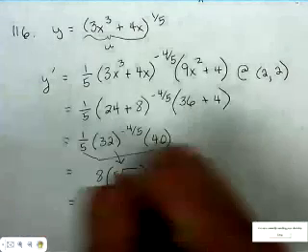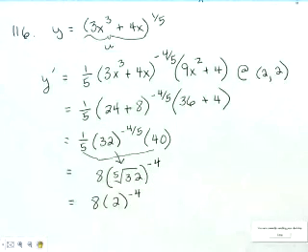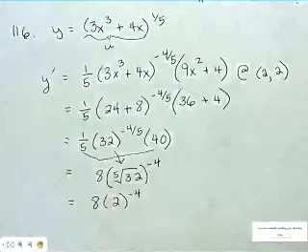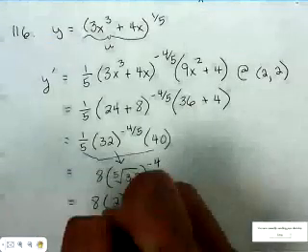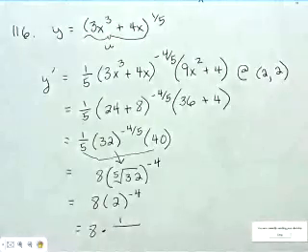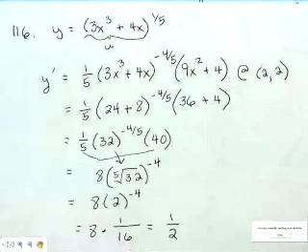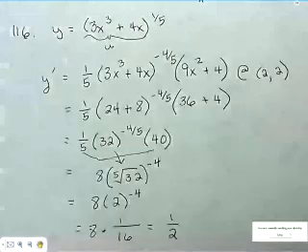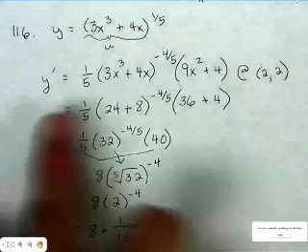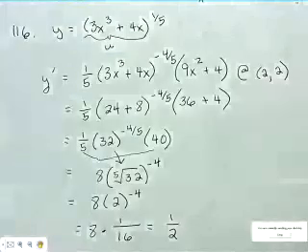The fifth root of 32 is 2, and 2 to the negative 4 is 1 over 2 to the positive 4, or 1 over 16. That whole expression, this derivative evaluated at 2, equals a half.